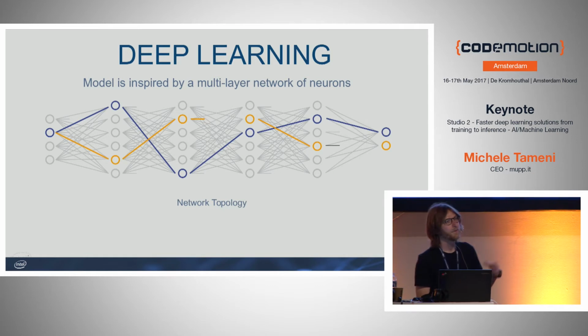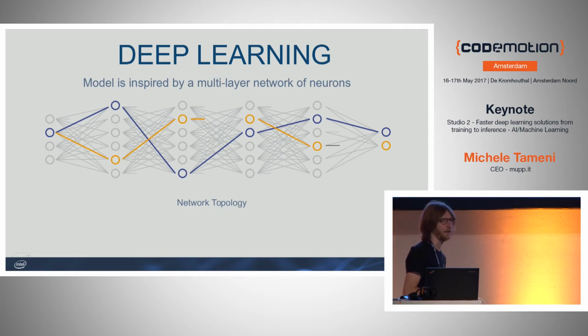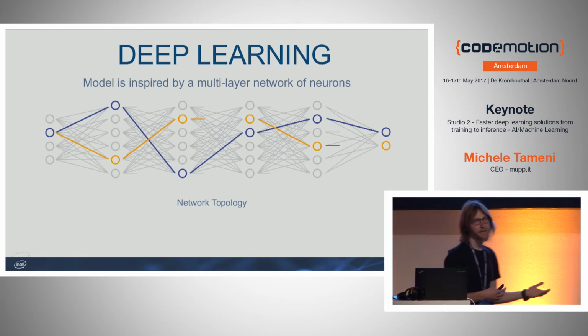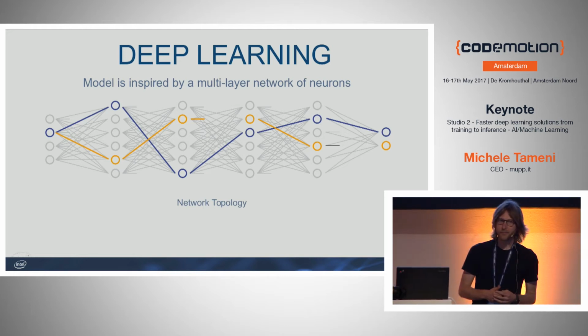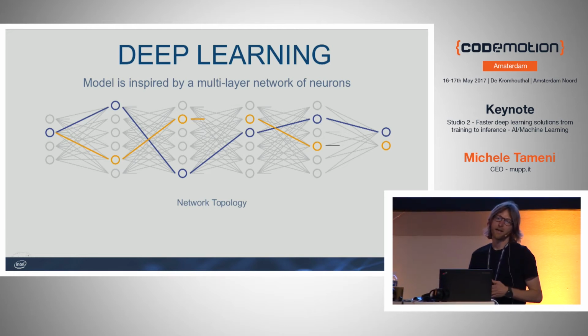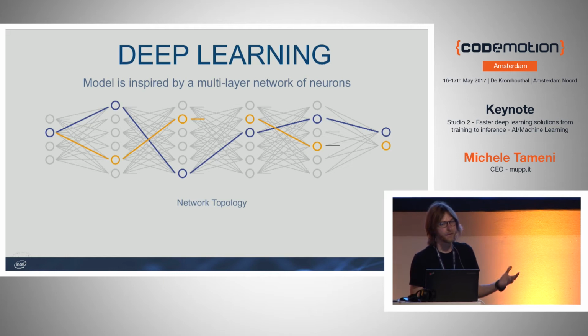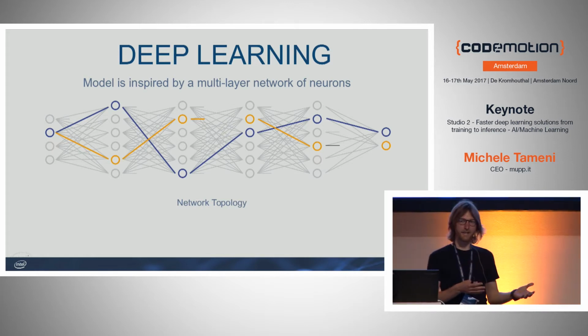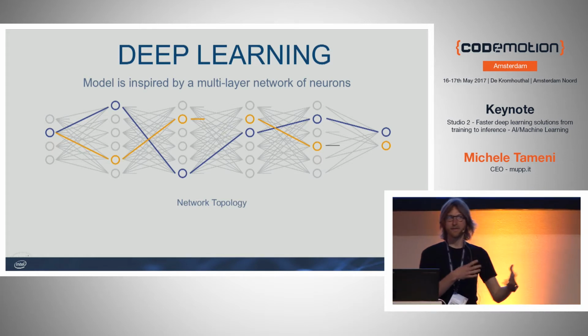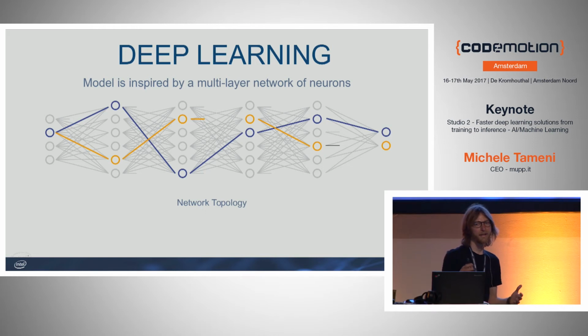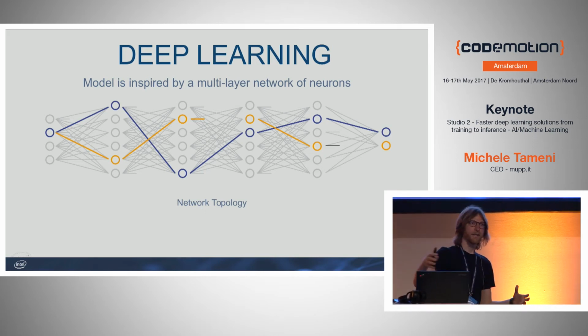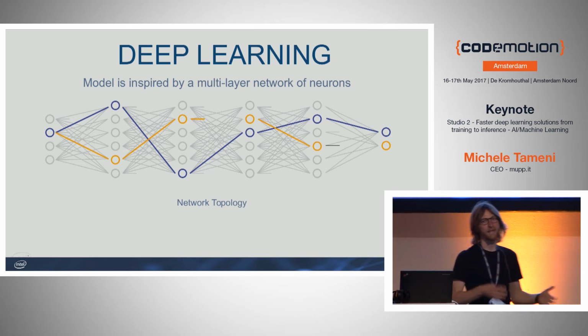So deep learning is inspired by how the human brain works, and it consists of a multi-layered network of neurons. Usually you give these neurons an input, they do some processing, pass it to the other layers, and at the end you get the probability of the input being something.